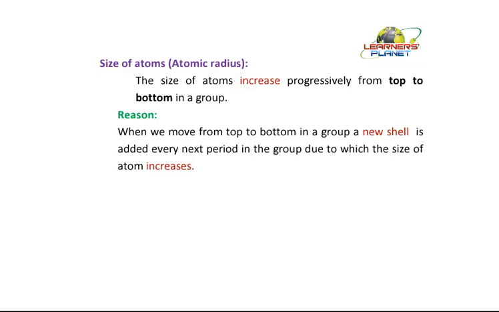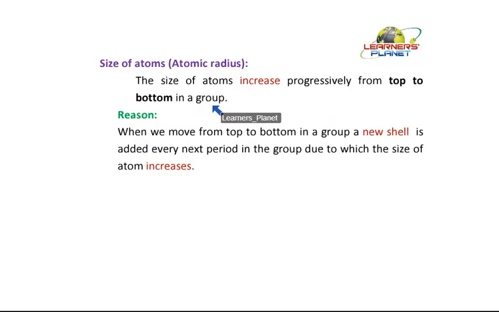So what is atomic radius, students? It is the distance between the nucleus and the valence shell. We had discussed this in detail. Now I'll only tell you about the trend along the group. The size of atoms increases progressively from top to bottom in a group.